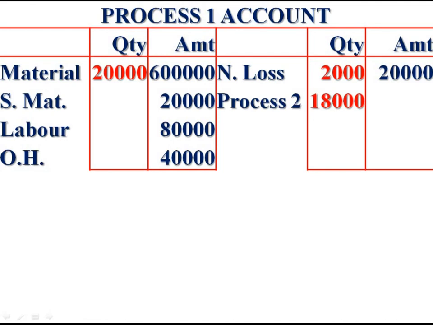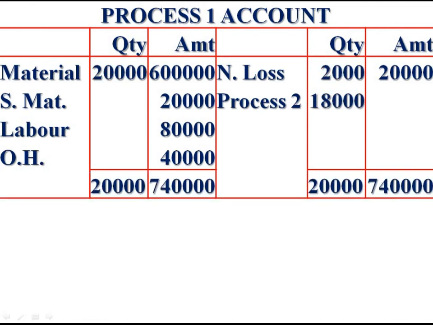Debit side 20,000, credit side 2,000 plus 18,000, 20,000. There is no difference in the debit and credit side of quantity column. Therefore, there is no abnormal loss or abnormal gain.